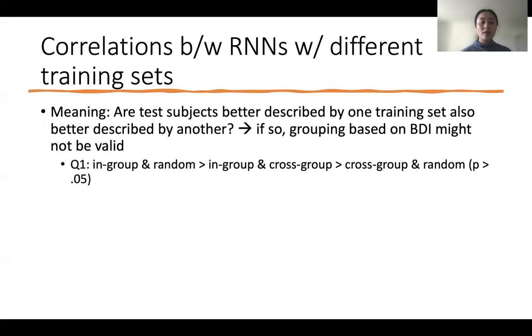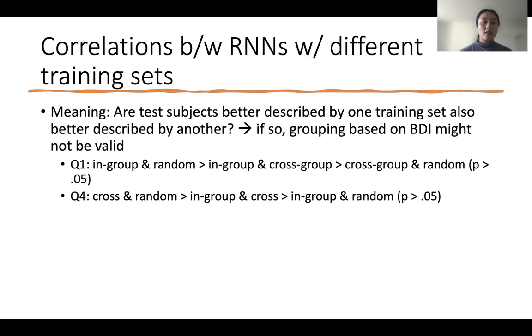So for Q1, the results show that the in-group RNNs actually correlated with random group RNNs the most. So this would mean that subjects who are very well captured by in-group RNNs were also very well captured by random group RNNs, which were not trained necessarily on the in-group members.